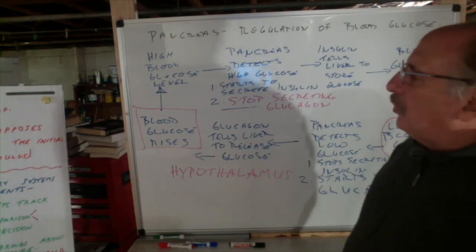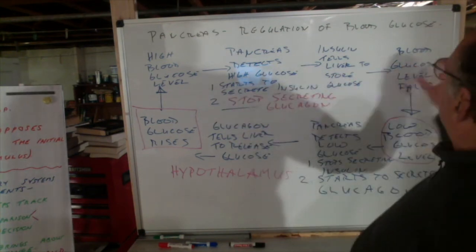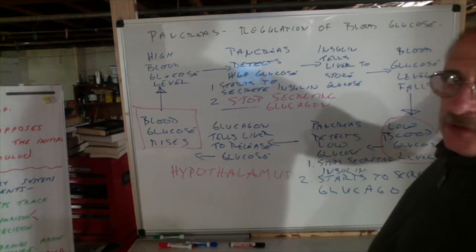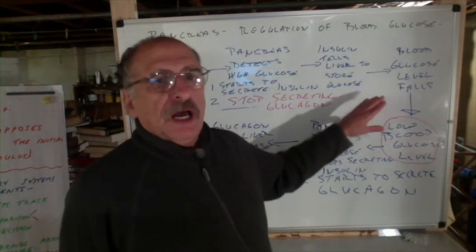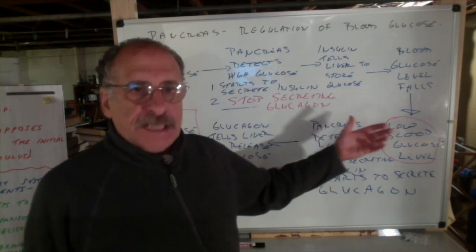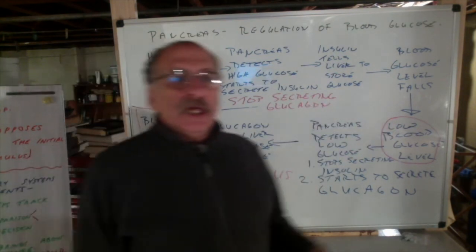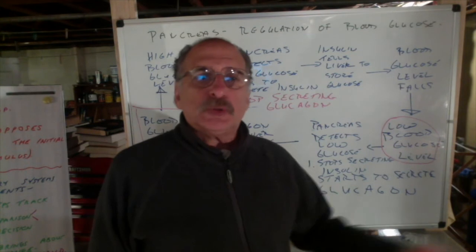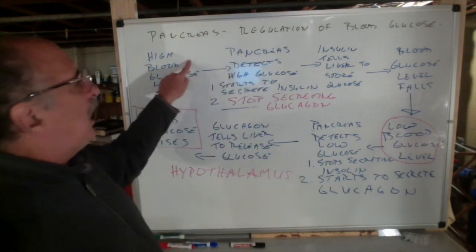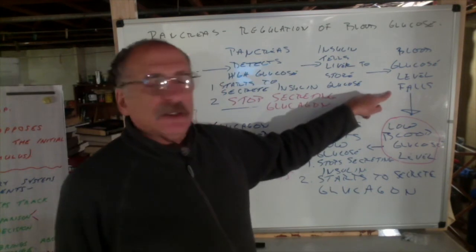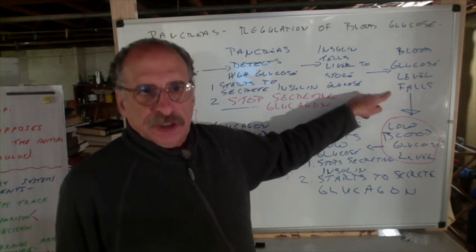Now, here the response was that the blood glucose level goes down. And at that point, it would have made sense for me to say that the response decreases the initial condition. Here it was high, the response made it fall, which is it decreased.